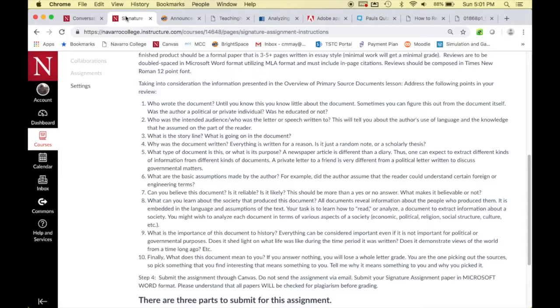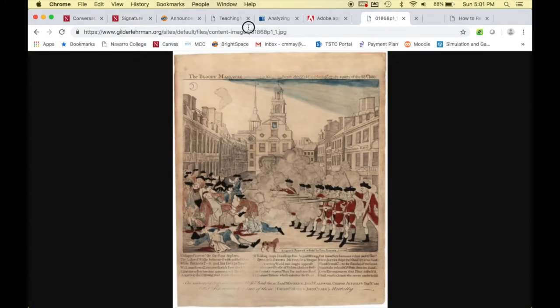So if we look at our print that I'm using, I said that the print was created by Paul Revere. Paul Revere is a rather famous American revolutionary. He was a silversmith, by trade, but he also did printing and engraving and things like that, as you can see here.